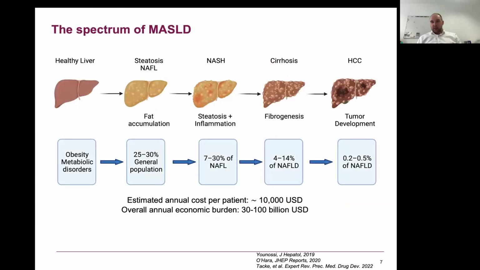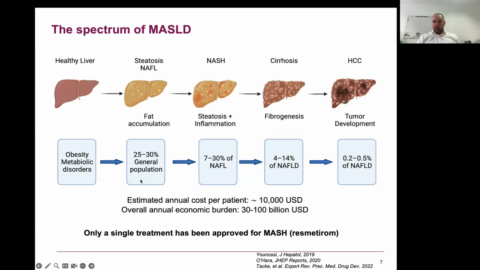So now, focus on MASLD. I don't think I have to give much background here to this audience. Just to say that it's an umbrella of different manifestations of fatty liver disease, starting with hepatic steatosis, which is a relatively benign intracellular lipid accumulation, which then deteriorates in a subset of individuals into more inflammatory conditions called MASH, as well as eventually end-stage liver diseases, again in a subset of those individuals: hepatic cirrhosis and HCC.